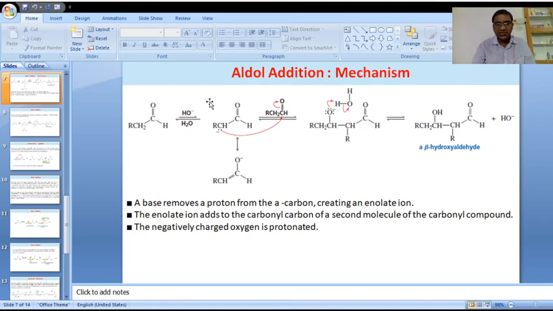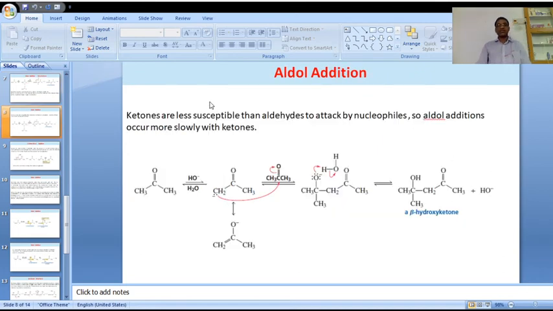From that active methylene, nucleophile generation is very easy when compared with the ketone. Removal of hydrogen from the active methylene is a very easy process to generate the enolate ion.